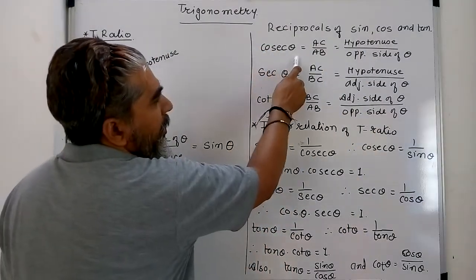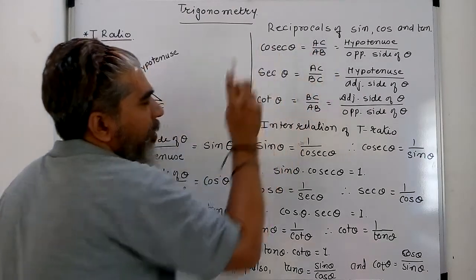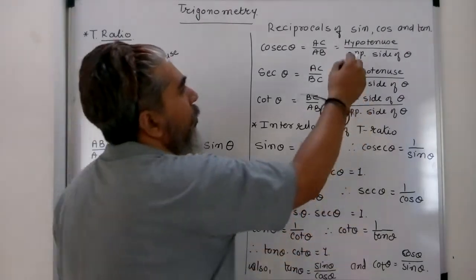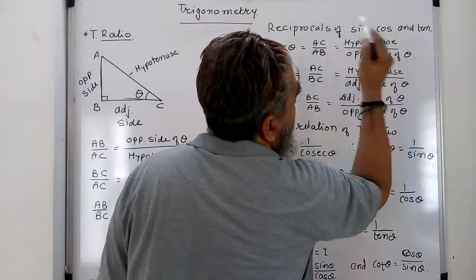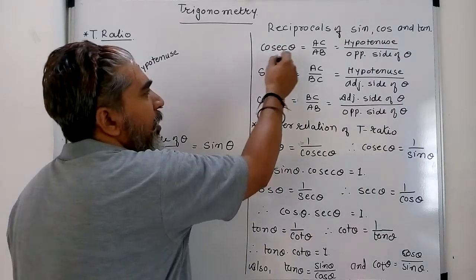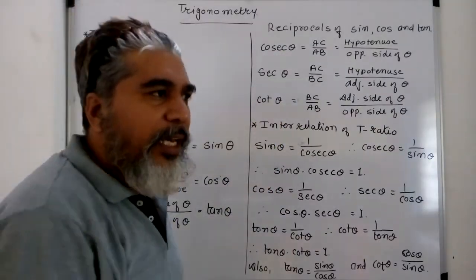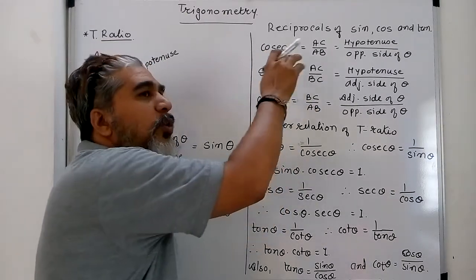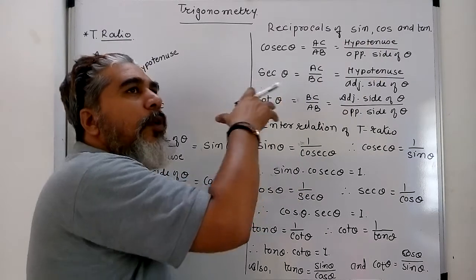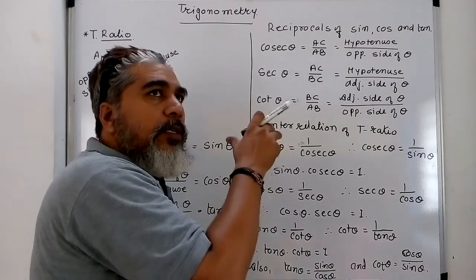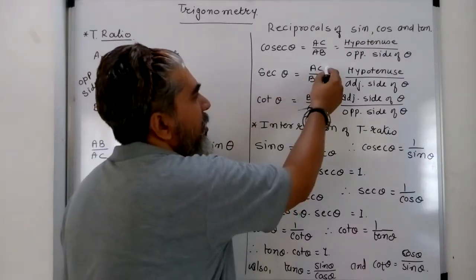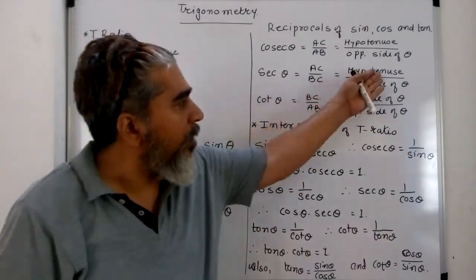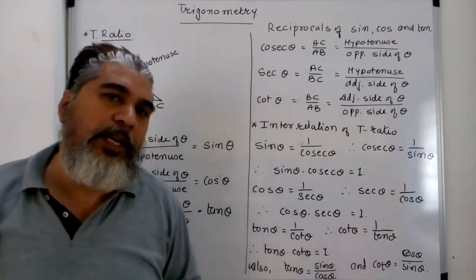These ratios are the reciprocals of sine, cos and tan. So cosec theta is AC divided by AB, the reciprocal of sine. So hypotenuse divided by the opposite side of the angle is cosec theta. Theta is the angle once again. Now sec theta, the short form of secant, is AC upon BC, that is hypotenuse divided by the adjacent side of the angle.